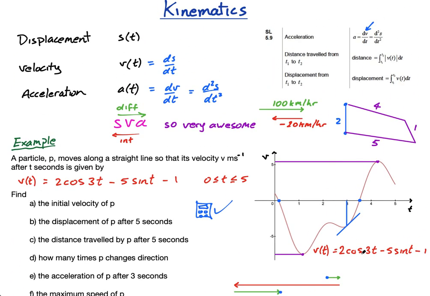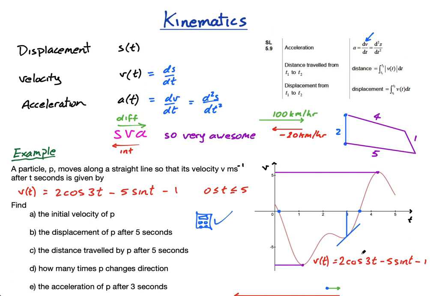The key points to note are, obviously you know what displacement, velocity and acceleration are. This SVA thing: differentiate to get from displacement to velocity, and velocity to acceleration, and then integrate to go backwards. And when you are given a velocity time graph, make sure you understand what's actually happening.